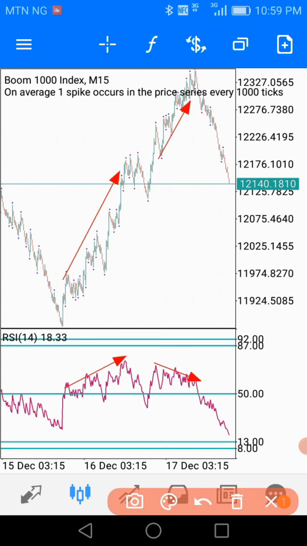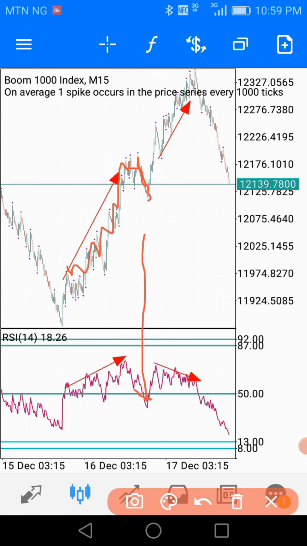Now if you look from here, price actually made higher highs, to this point. When it made this low, when it had this pullback, that also corresponded with what the indicator did here. That's RSI period 14.